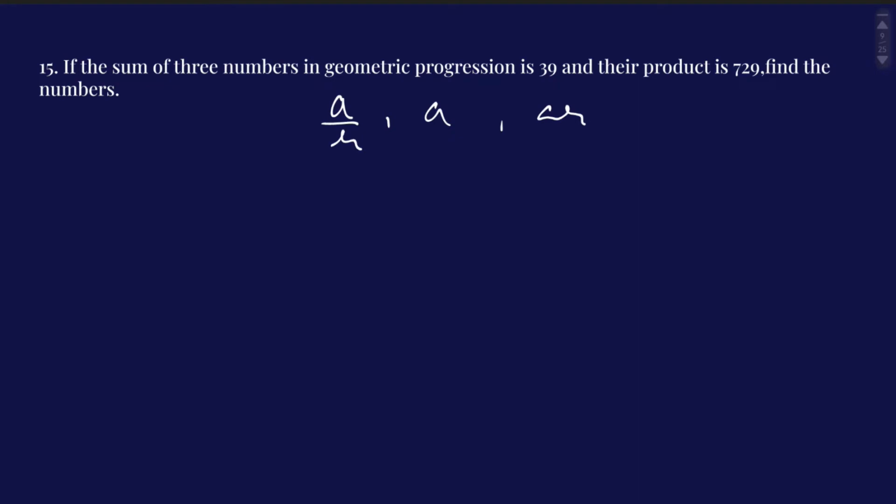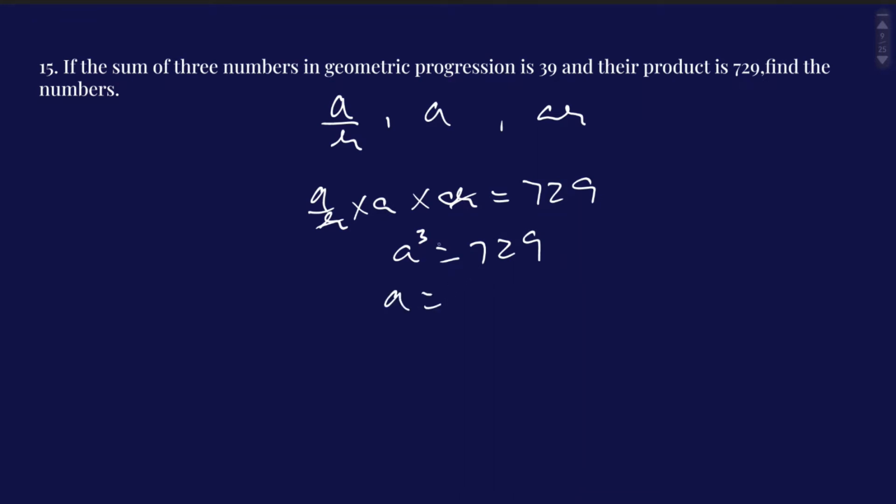Whenever we are given three terms and their product, we take this as our first term, a divided by r, the reason being r will get cancelled and we will get a. So a divided by r into a into ar is equal to 729. So r gets cancelled, we have a cube is equal to 729, or a is 9.